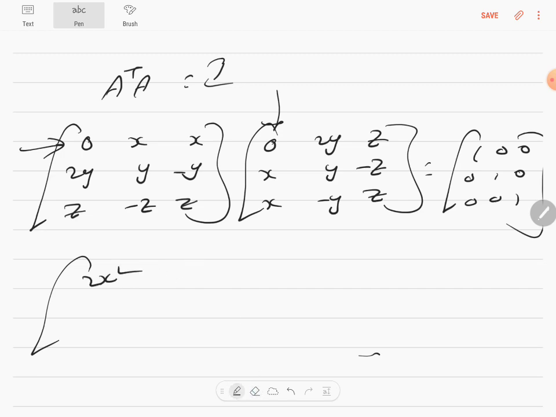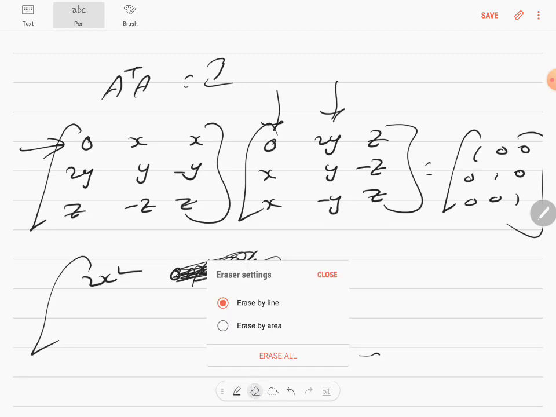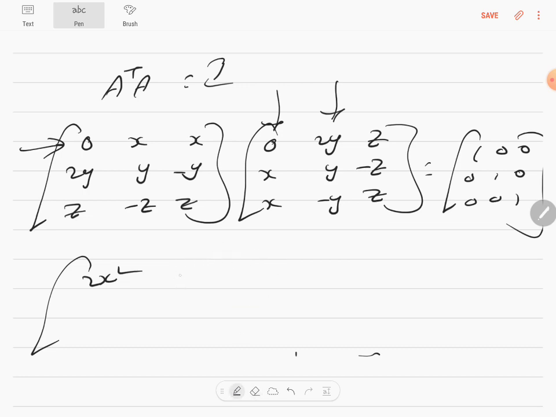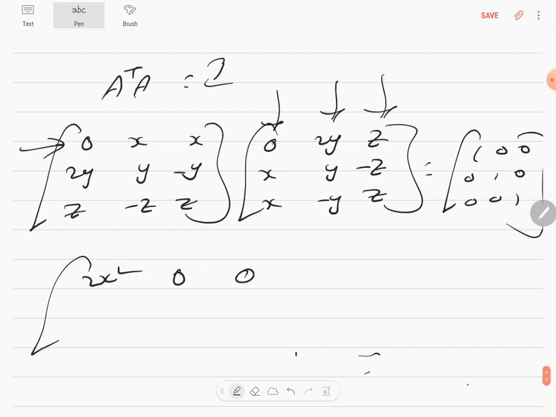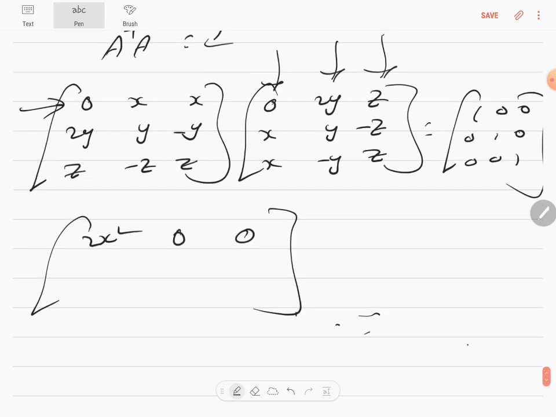First row, second column: 0 plus xy minus xy, so the answer is 0. First row, third column: 0 minus xz plus xz, again it will be 0. Next, I will write 0, 2y square, 0, 0, 0, 2z square.